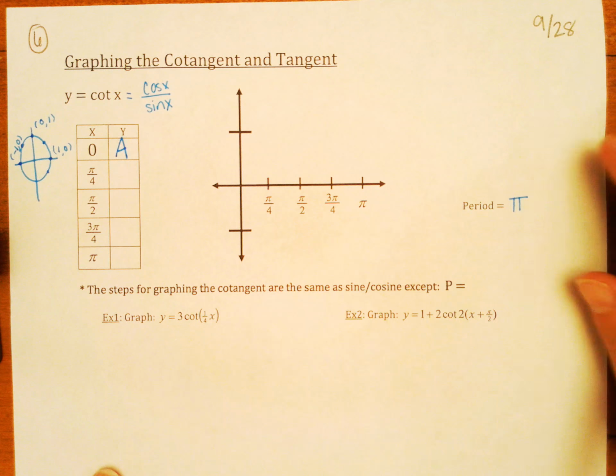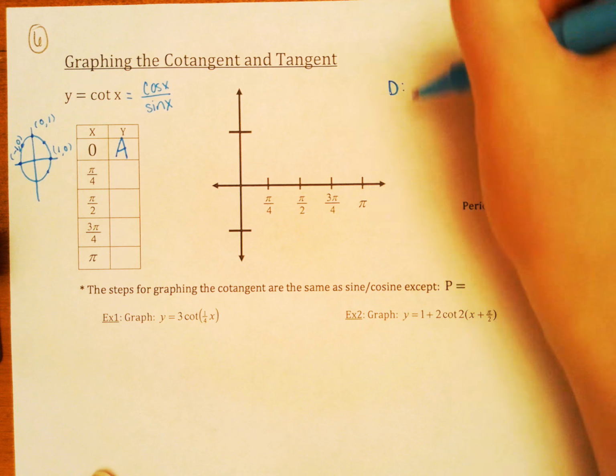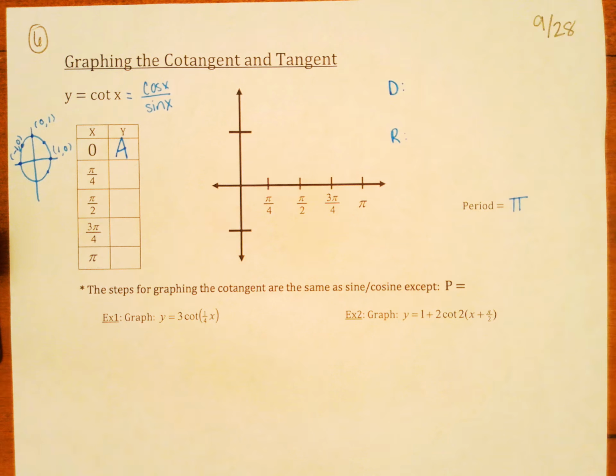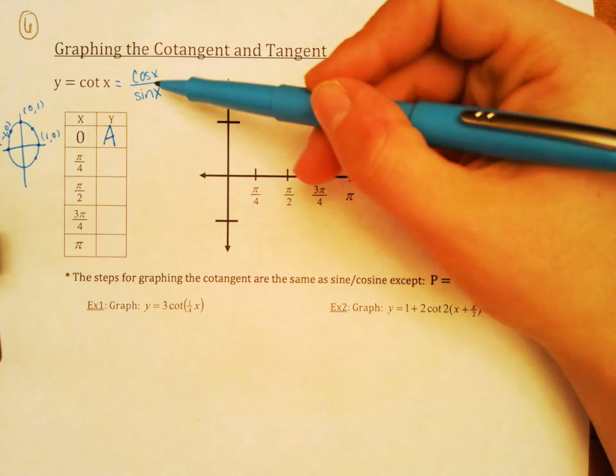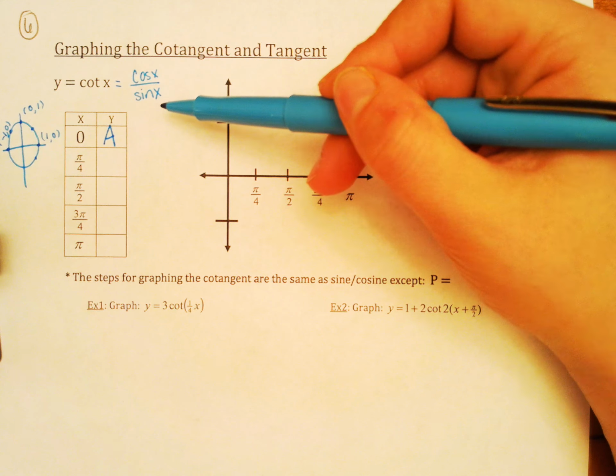Now that should make sense, and I want to remind us all of the domain and range for cotangent, because for this next test you need to know the domain and range for everything. Shouldn't be that hard, but since we've known the domain and range for most of these things, now we just have to remember them all together. For cotangent, our domain has to exclude some values because we have those problems with our denominator.